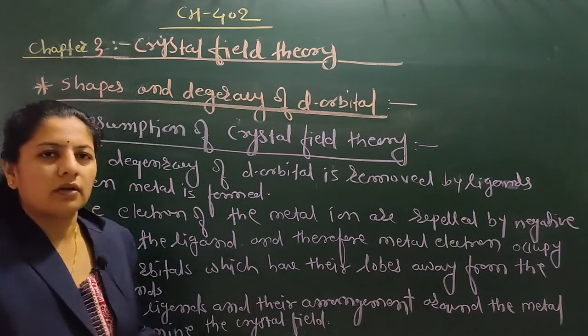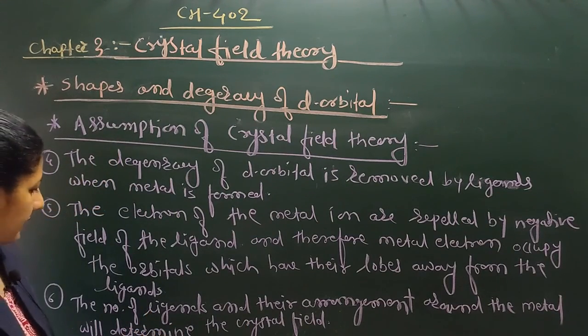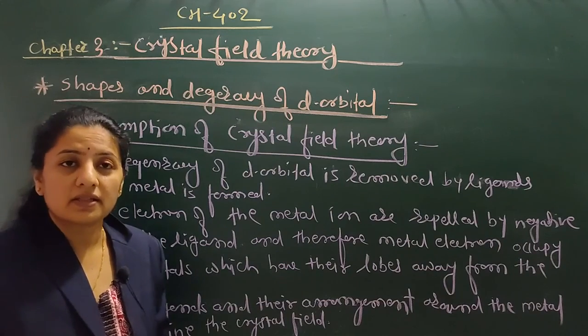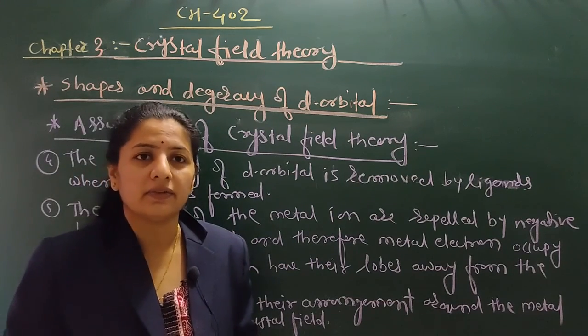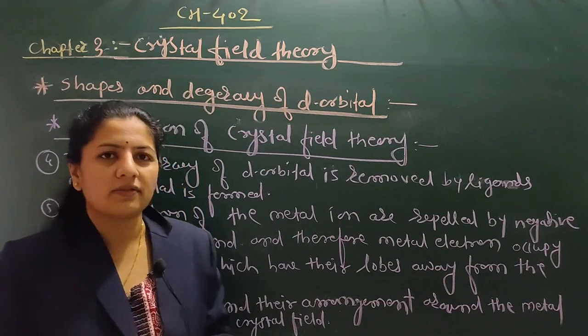The number of ligands and their arrangement around the metal ion will determine the crystal field, and various crystal fields will affect the energies of the orbitals differently. So these are all the assumptions of this crystal field theory.